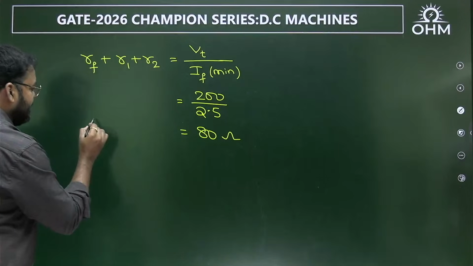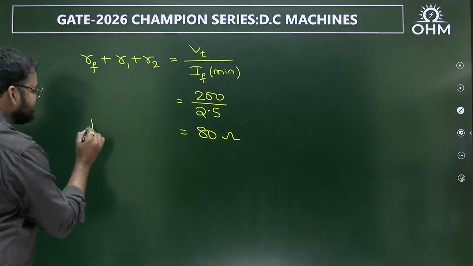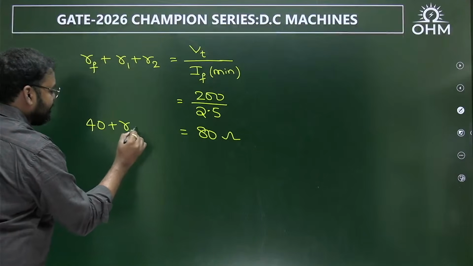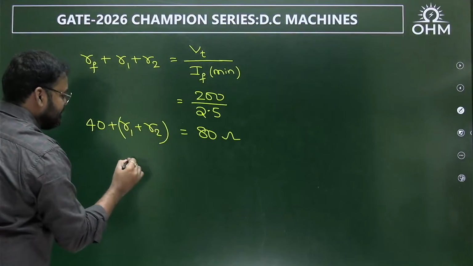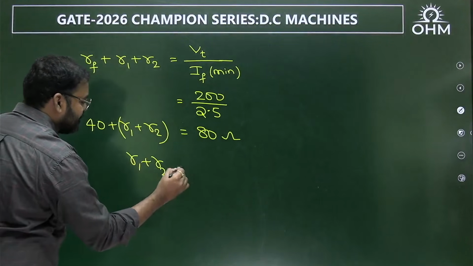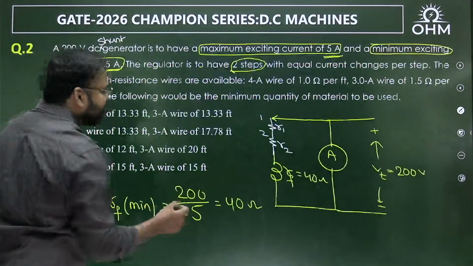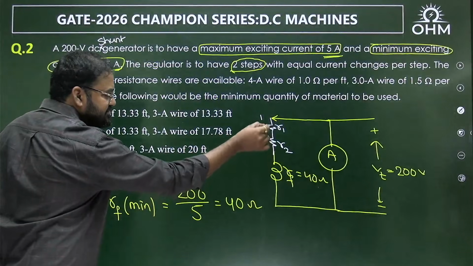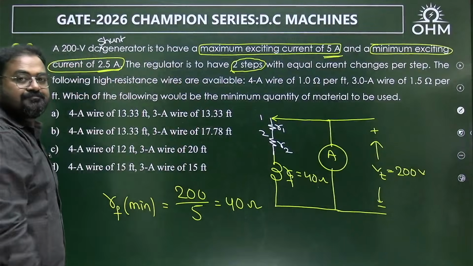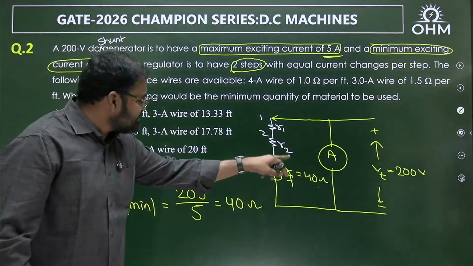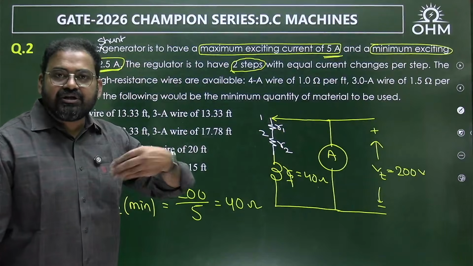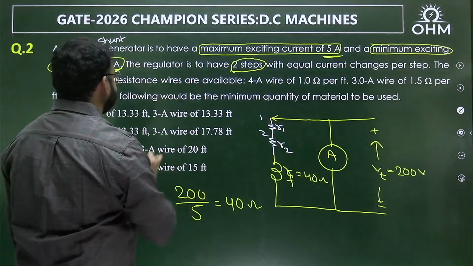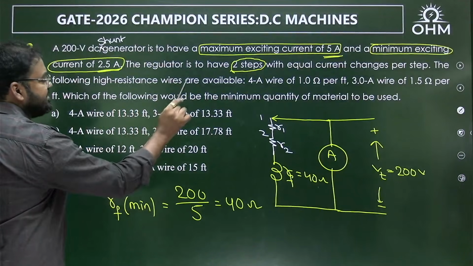Yes. Already we know the field resistance is 40. Therefore, the extra resistance value will be equal to the remaining 40 ohm. Therefore, the sum of these 2 resistors is equal to 40. And this extra 40 ohm you have to create using the available wires. What are the wires available?